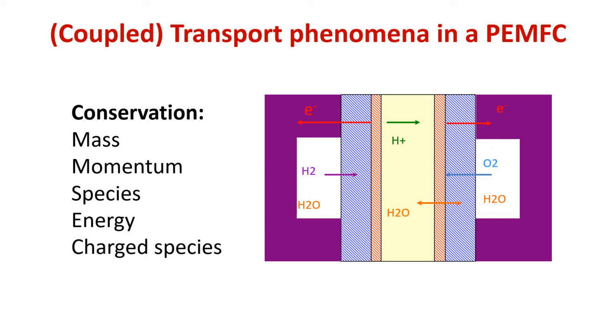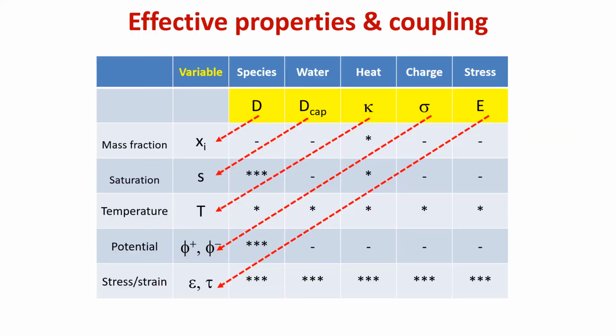We need effective transport properties of the materials for model closure. Specifically, we need the diffusivities of gas species, charge species, and heat. We also need the Young's modulus for solid mechanics.